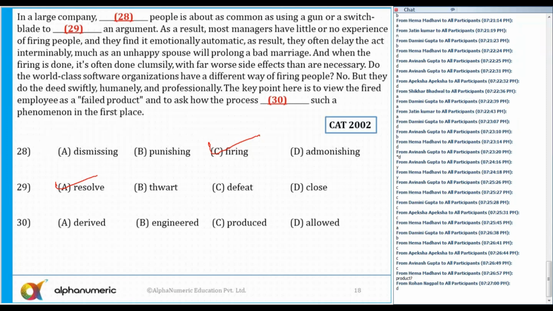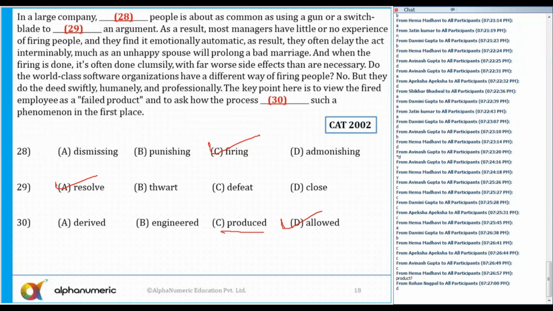You don't produce a failed employee. The employee has failed. Okay, so you cannot produce such a phenomenon. You have allowed such a phenomenon. I will go with allowed and not produced, because how can you produce a failed employee? That's not possible. The phenomenon over here is a failed employee.